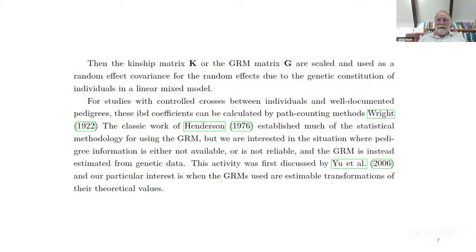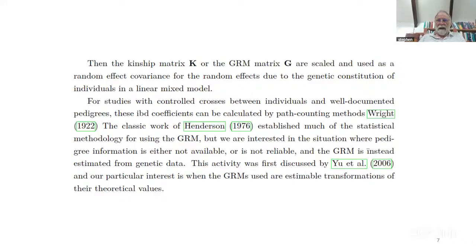So if we had the kinship matrix or the GRM, genetic relatedness matrix, what we do is scale it and use it as a random effect in this model. The classical work for this was done by Henderson, but as I said, with the genetic data, we can no longer get a handle on K or G. We have to use transformations of them.